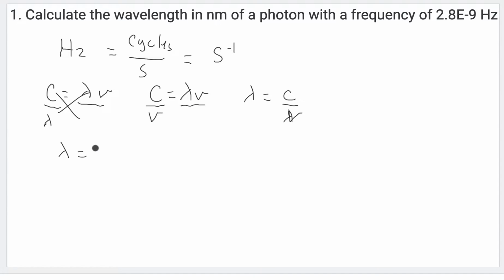So wavelength equals the speed of light, which is 3.0 e to the 8th meters per second. If you look at the green sheet, I think they go to like 2.998, I think, meters per second. But anyway, that's what it equals.